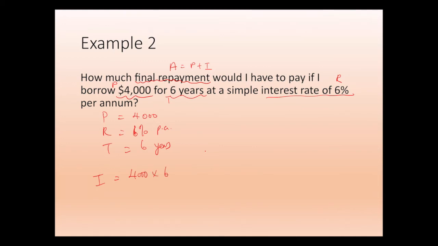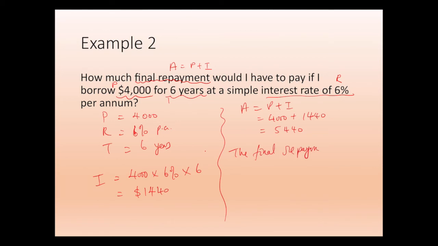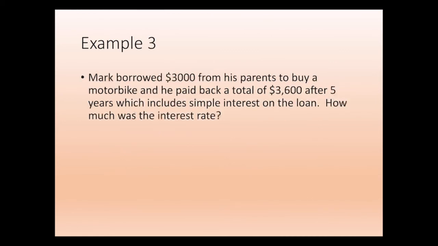Therefore, I equals 4,000 times 6% times 6, which is $1,440. Now we know that A is P plus I, which is 4,000 plus 1,440, therefore it is 5,440. So the final repayment is $5,440. Remember, always answer the question.